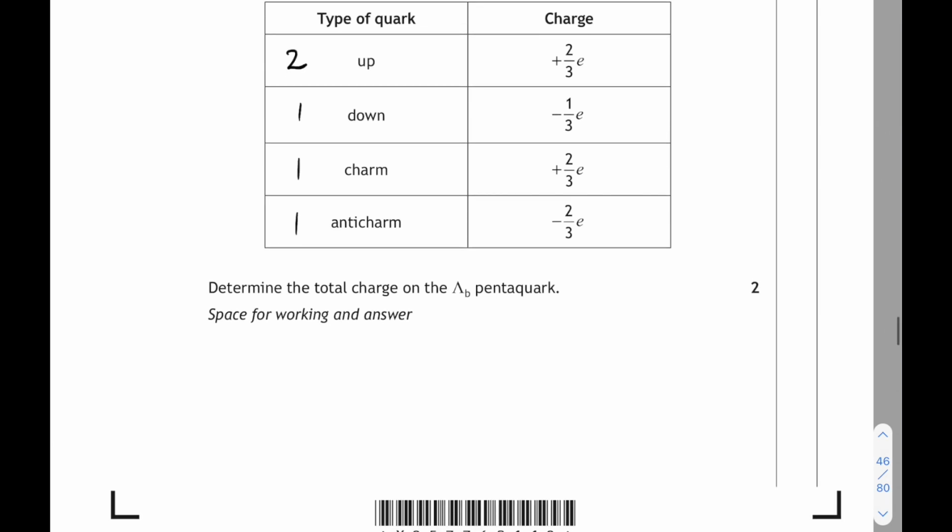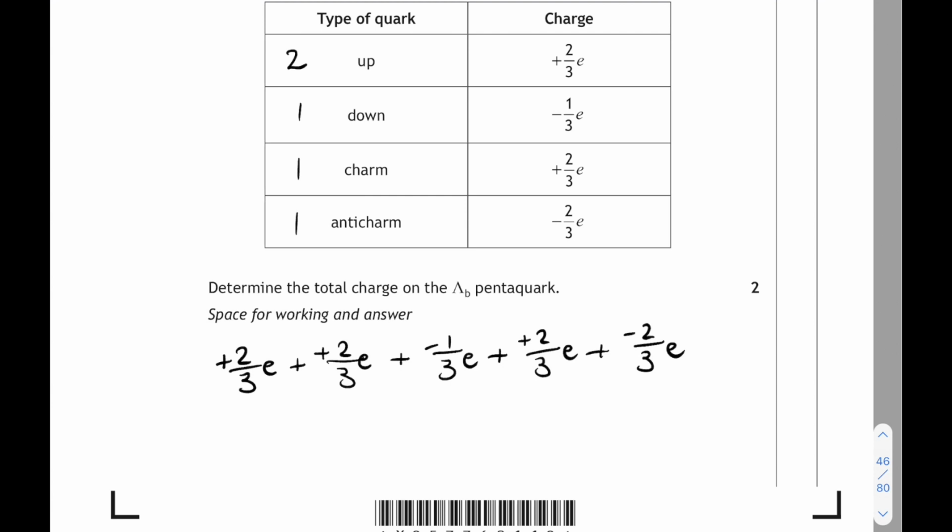And then we just have to add all those charges together to get the total charge. Now they're all expressed as fractions of the charge on the electron, so make sure you include the E when you're adding all these charges together. So we've got plus 2/3 E plus another plus 2/3 E. That's our 2 up quarks, plus minus 1/3 E is the down quark, plus another plus 2/3 E is the charm, plus minus 2/3 E is the anti-charm.